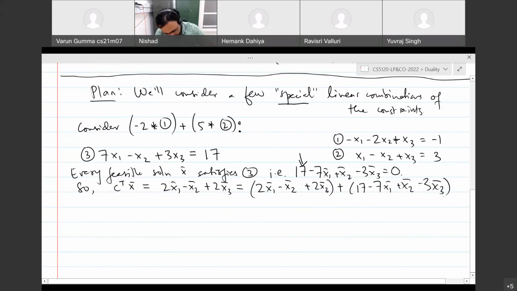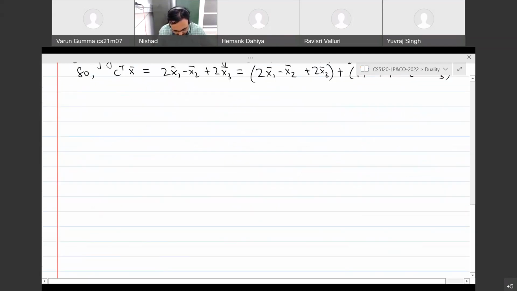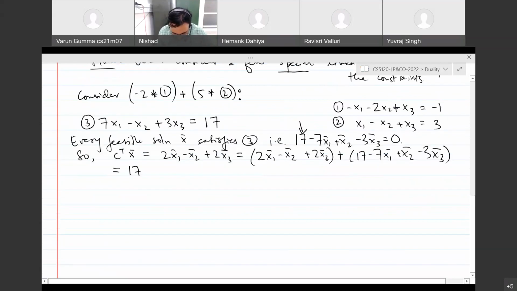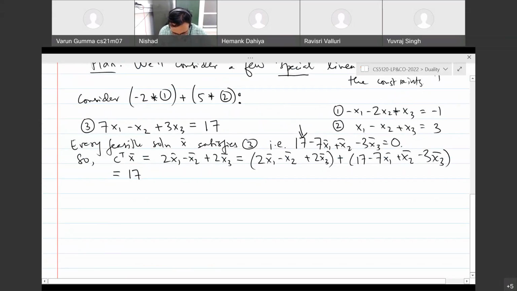Okay, so what is this? Well, let's rearrange things to make it convenient. So let's say this is 17. And what do we get? Minus 7x1 bar plus 2x1 bar, so that's minus 5x1 bar. Minus x2 bar plus x2 bar, that cancels out. 2x3 bar minus 3x3 bar is minus x3 bar.